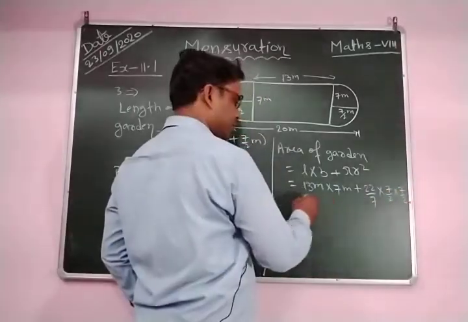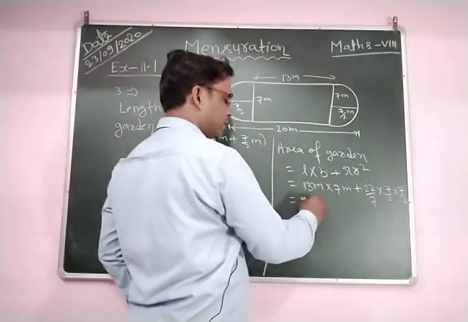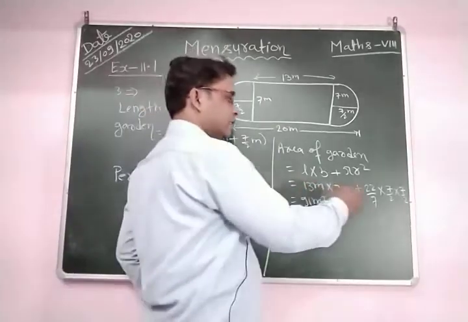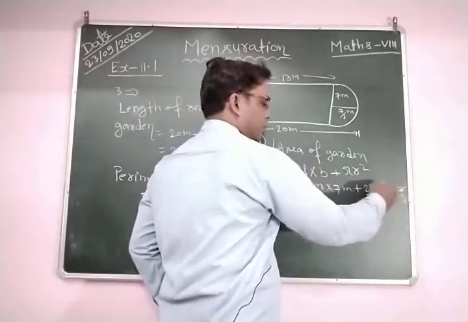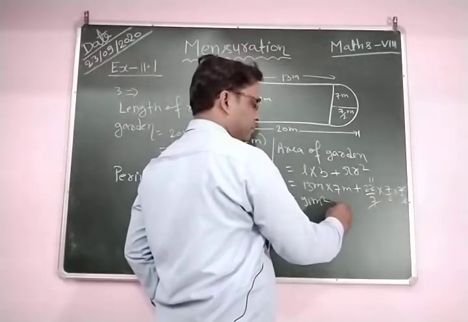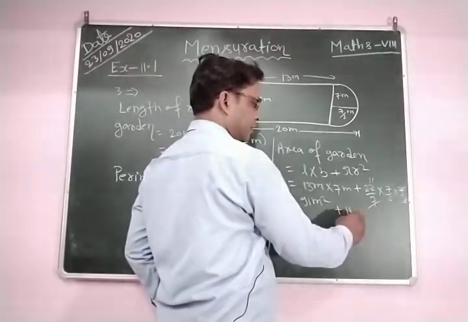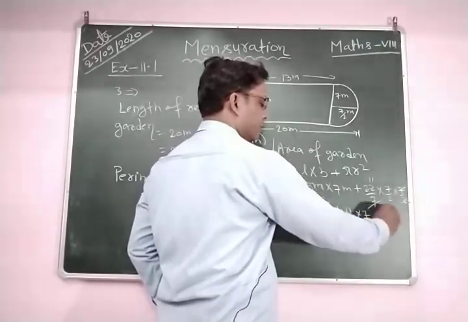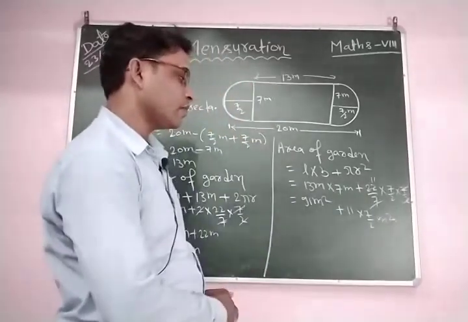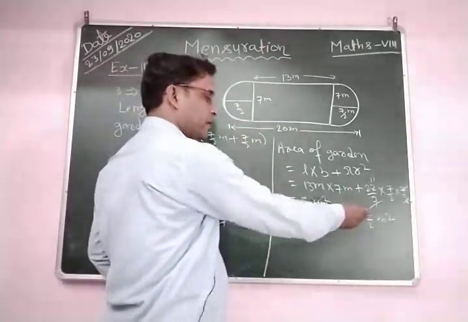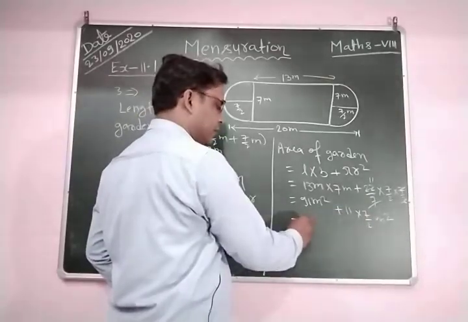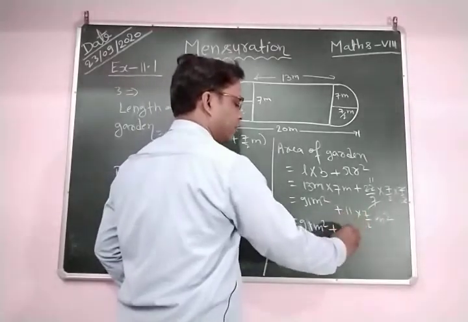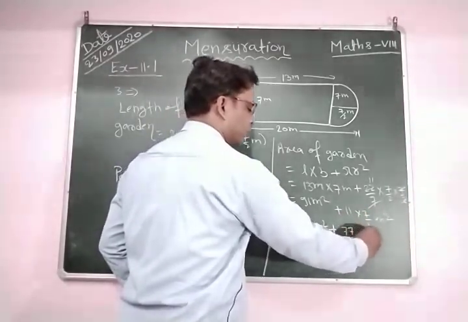So here you can say this is equal to 91 meter square, 7 times 13 is 91 meter square, and here you can cancel the 7 and the 2, this is 11. So we have here plus 11 into 7 by 2 meter square. This is clear. Now if you multiply this, then we obtain 91 meter square plus 77 by 2 meter square.